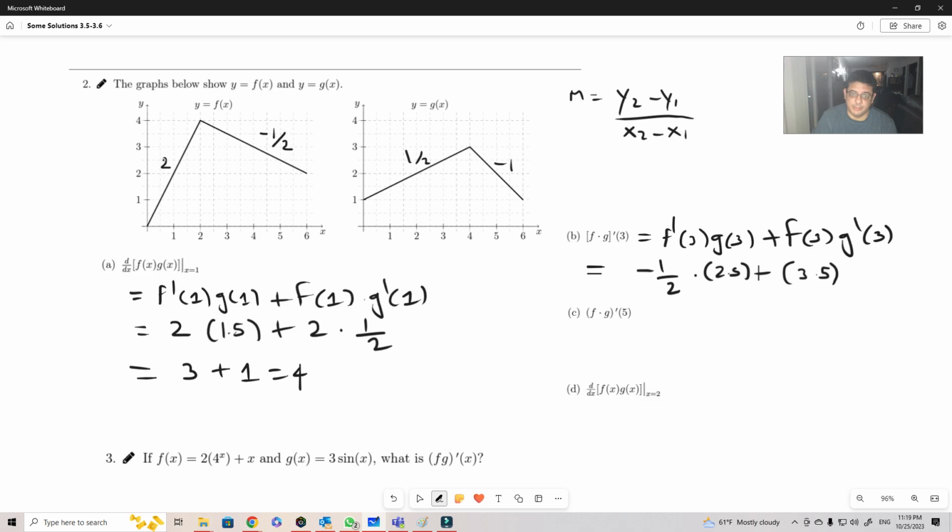And now g prime of 3 is over this line, and that means that the slope of that is 1/2. So with that it is enough to obtain the value. This is going to be 0.5.